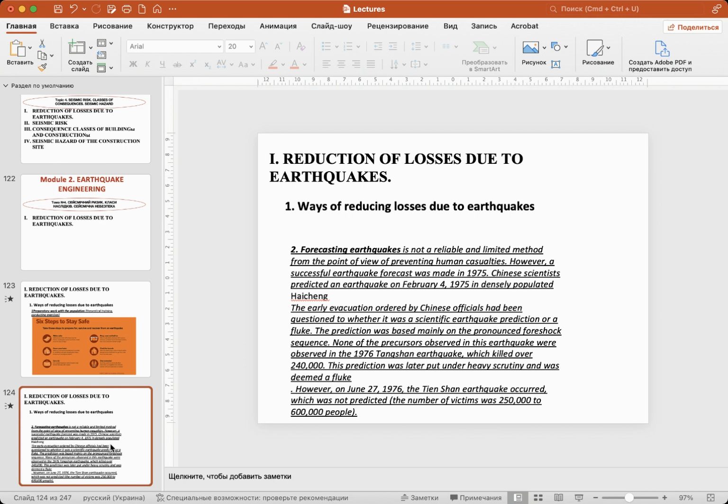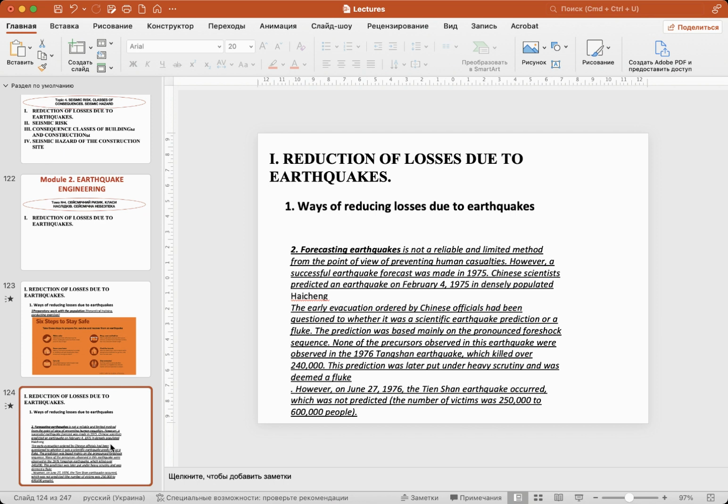But one year later, there was an earthquake in China, in Tangshan, which killed more than 240,000 people. And that showed us that it is almost impossible to prevent the earthquake.